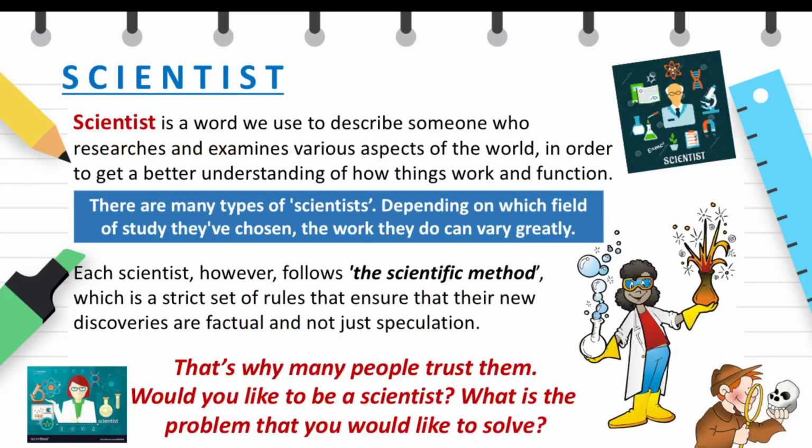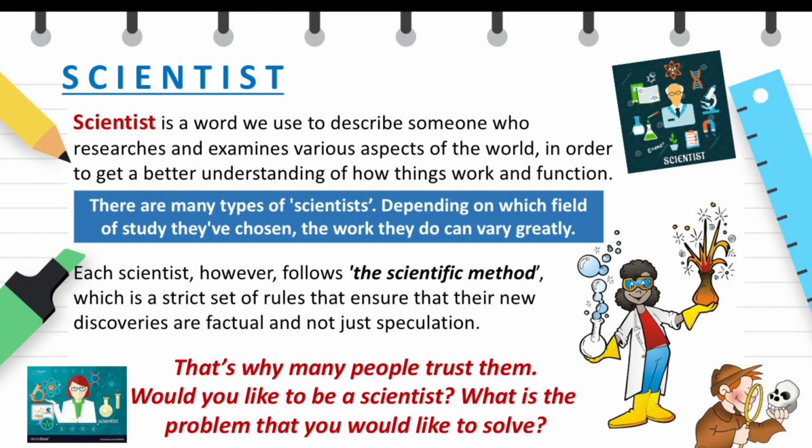Scientist. Scientist is a word we use to describe someone who researches and examines various aspects of the world in order to get a better understanding of how things work and function. There are many types of scientists, depending on which field of study they've chosen. The work they do can vary greatly.